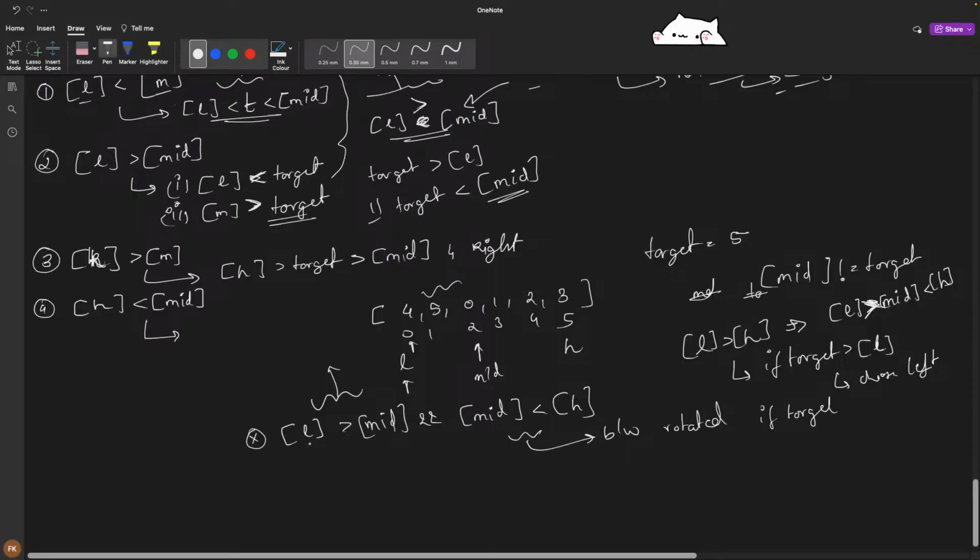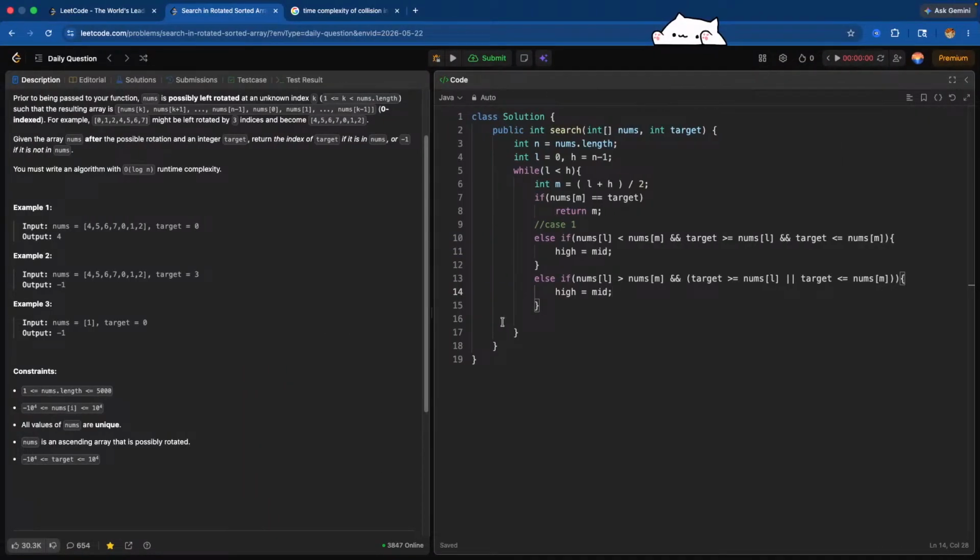Only if the value is greater than high. But if the value is, for example, 3, but whatever I'm doing is correct here only.